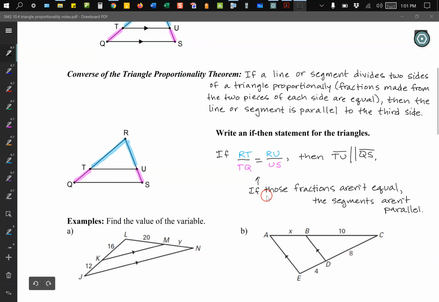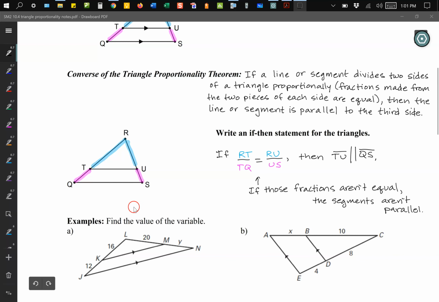If those fractions aren't the same, then these two segments are not parallel, meaning eventually they would cross if we extended them out long enough. Now, they're always going to be drawn so that they look parallel. You're going to have to test them to find out if they really are.